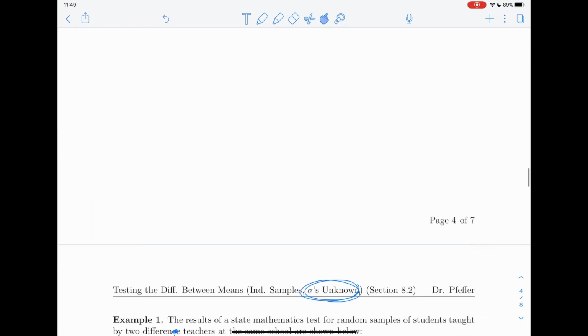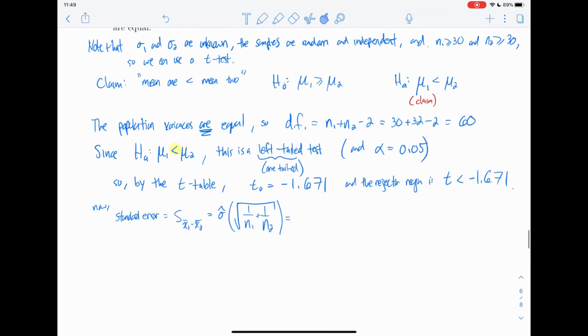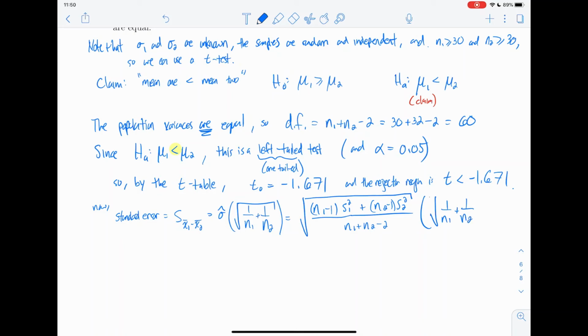So if we import that, this formula is apparently equal to the square root of n1 minus 1 times s1 squared, plus n2 minus 1 times s2 squared, all over n1 plus n2 minus 2. That's our sigma hat, times the square root of 1 over n1 plus 1 over n2.